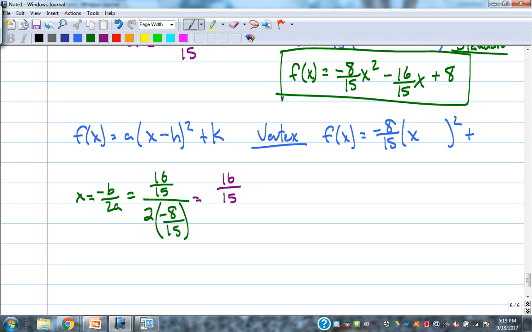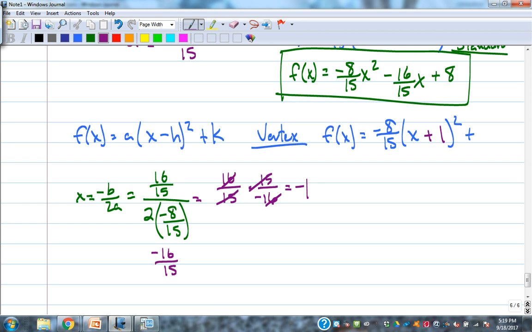If you multiply 2 times negative 8 over 15, this is really negative 16 over 15. And when you divide by a fraction, it's the same thing as multiplying by the reciprocal. The reciprocal of negative 16 over 15 would be 15 over negative 16. And then that's an easy problem, because the 15s cancel, the 16s cancel, and you're left with negative 1. So that's plus 1 in there.